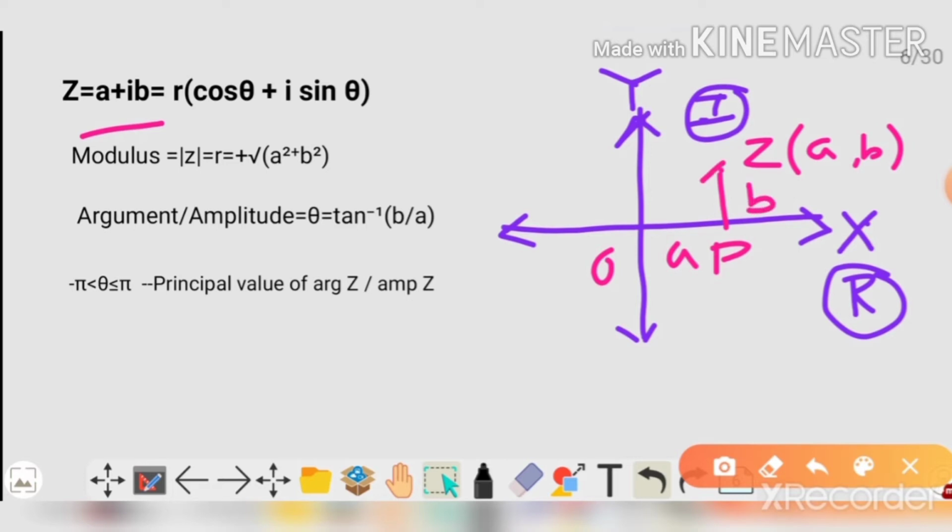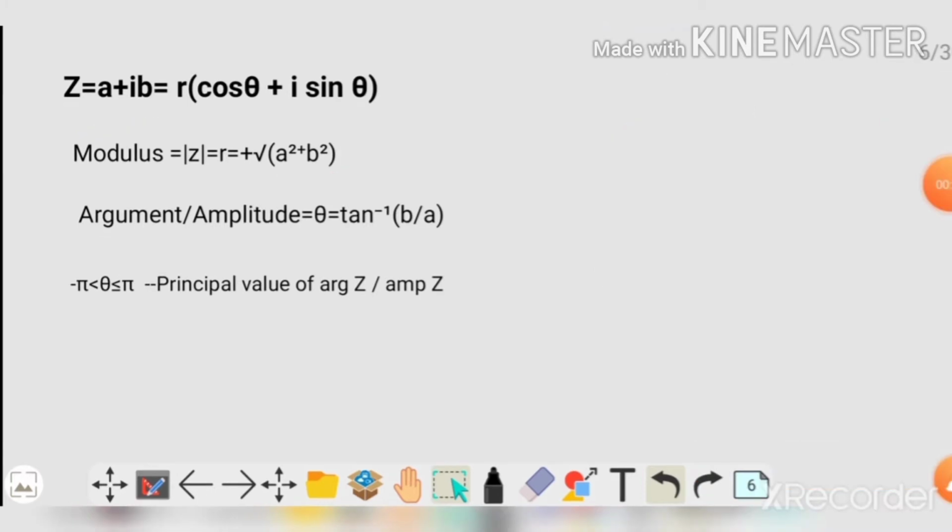Then this distance OZ will be the hypotenuse of this triangle OPZ, and this is called the modulus or r. And as this is a right angle triangle, then r will be the root over of a square plus b square.